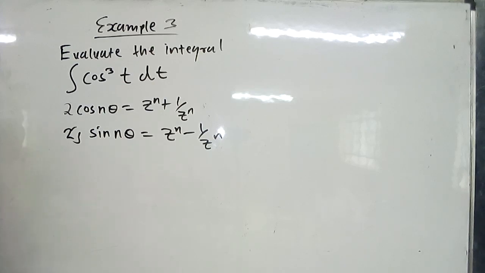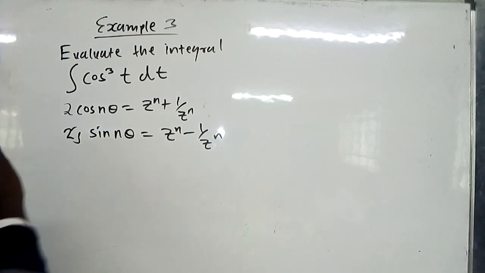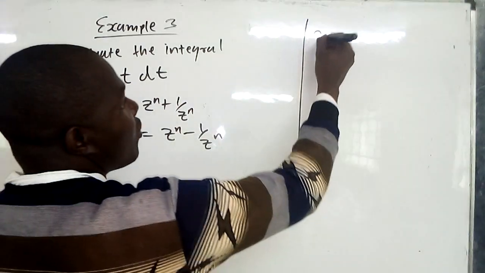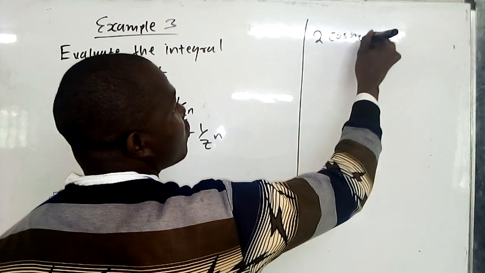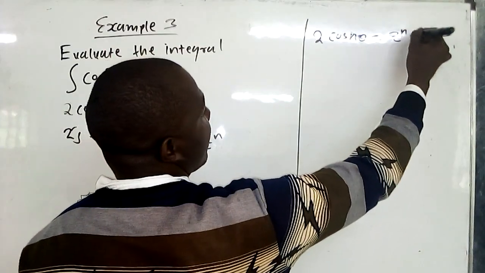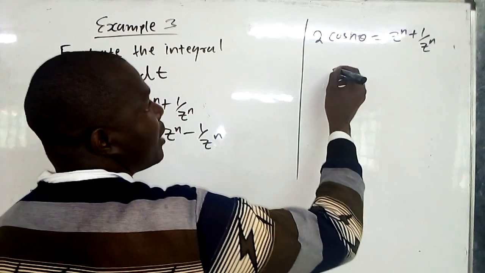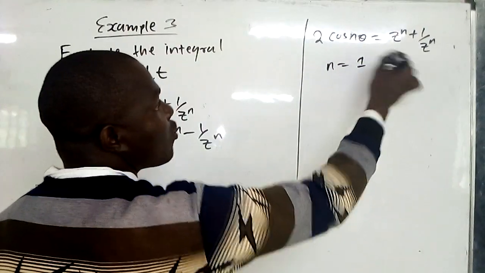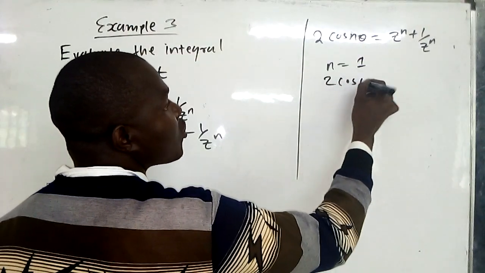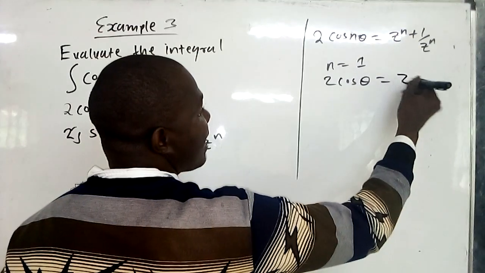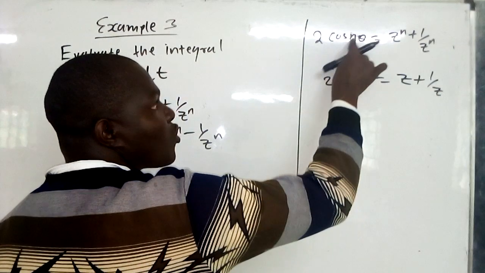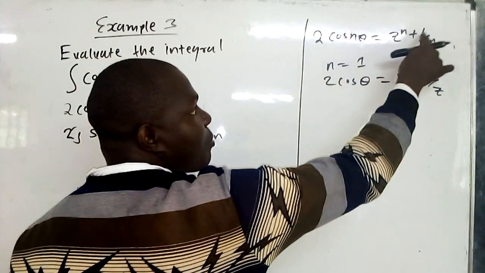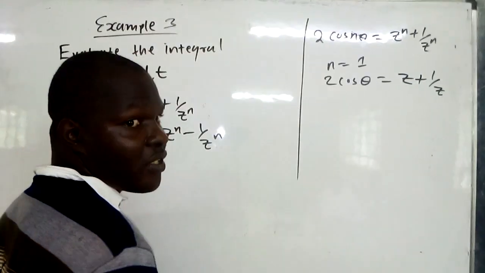Are we together? So from this you can see when you have 2 cos n theta to be z^n plus 1 over z^n, this means when n is equal to 1, then 2 cos theta is equal to z plus 1 over z, meaning where there is n, if you put 1, you get 2 cos theta equals z plus 1 over z, isn't it?